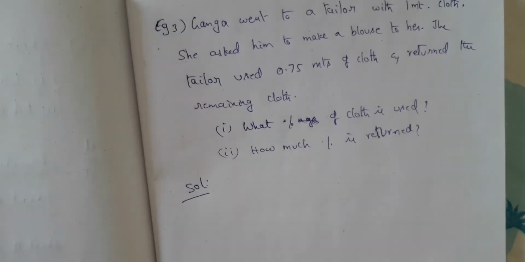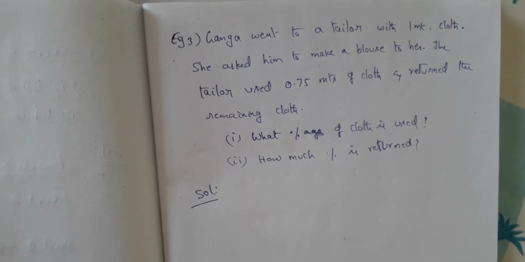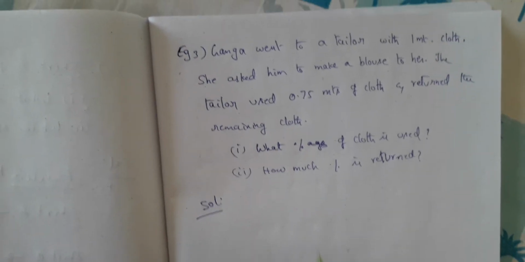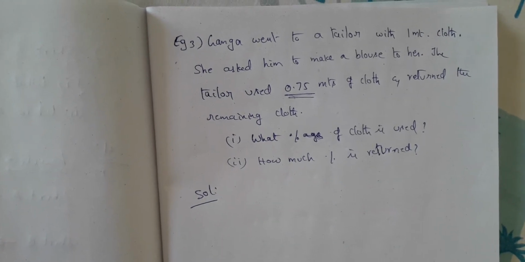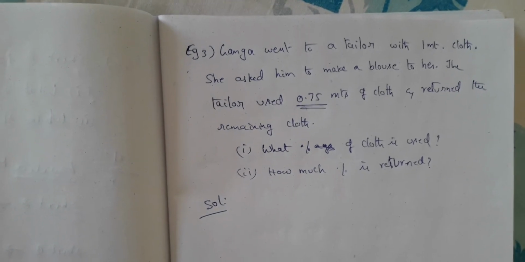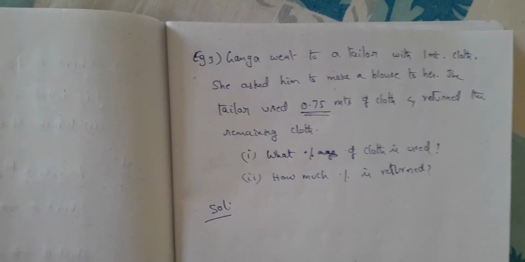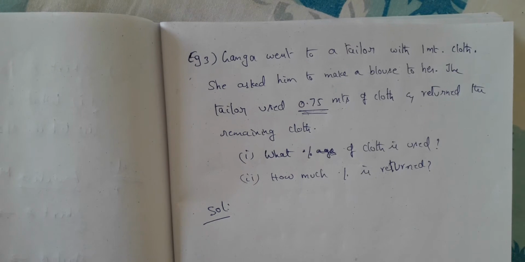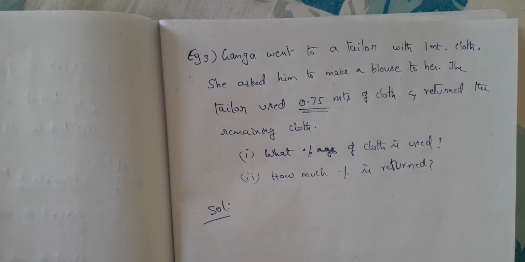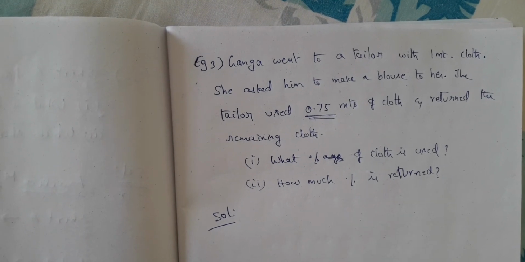We will do it by how much is consumed: 0.75 meters out of 100% of cloth, the complete cloth. Out of the complete cloth, 0.75 meters is used. So we use that logic here.